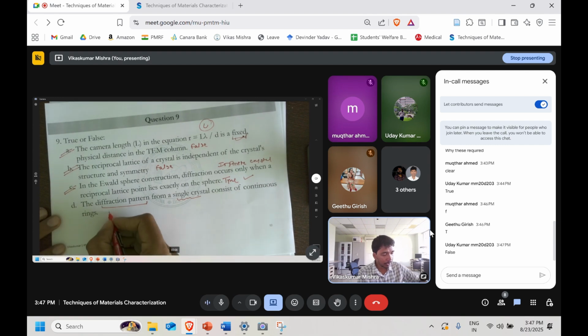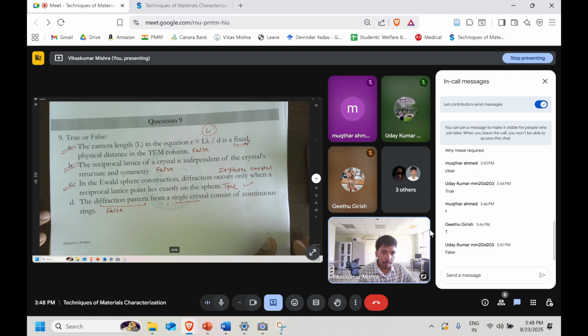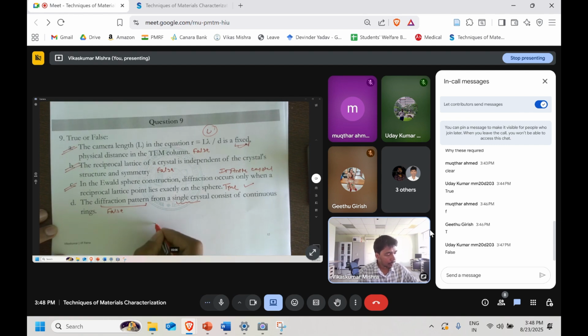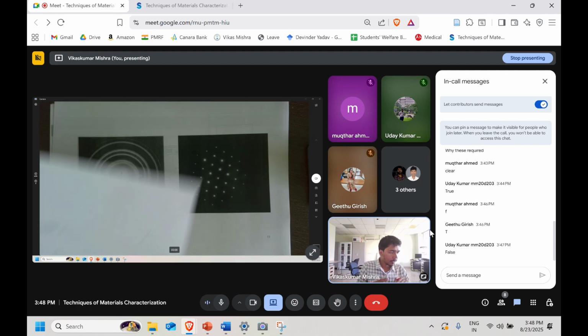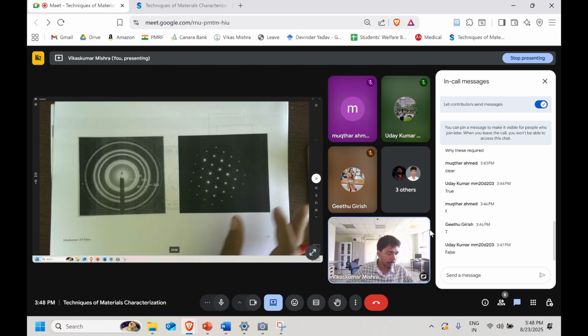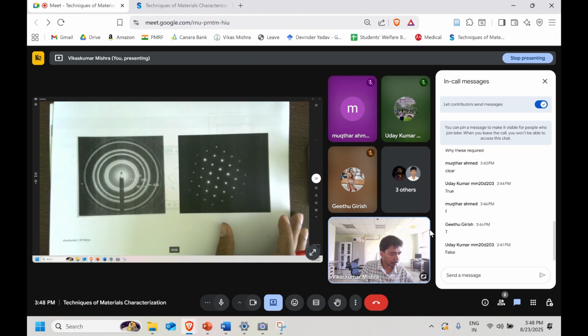It's false. Very good. Instead, it will be discrete diffraction points. So that's how we have solved this question number 9. If there is any confusion on that last part, we can clear it up here.